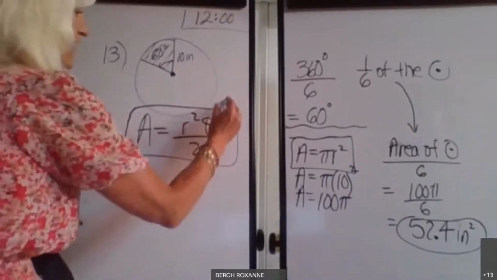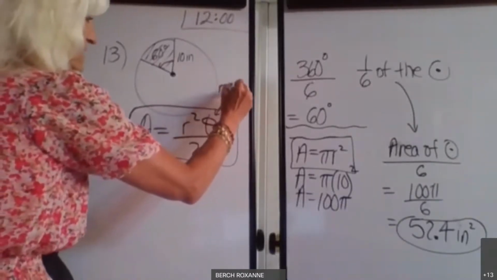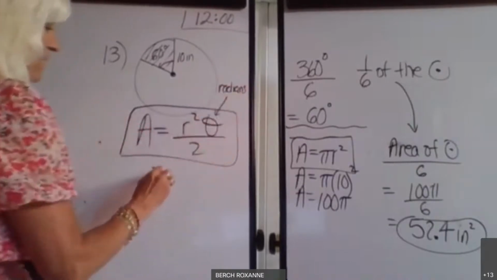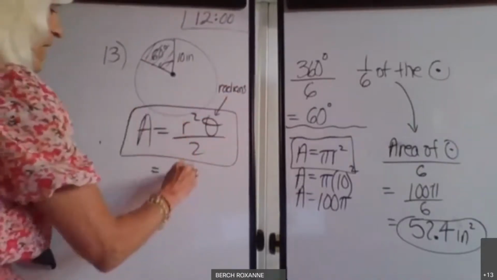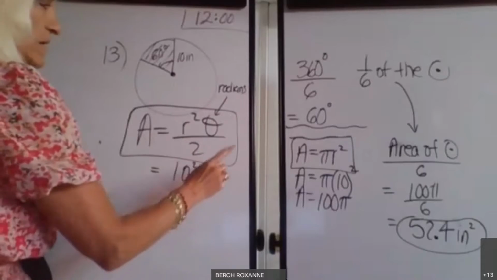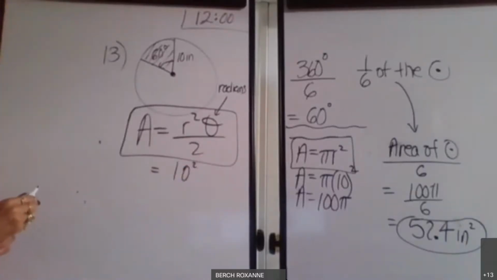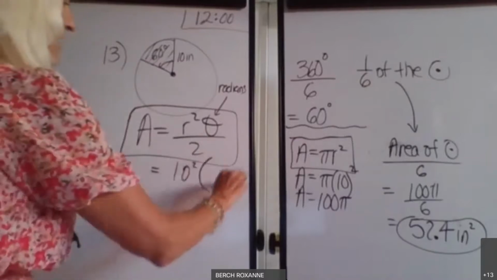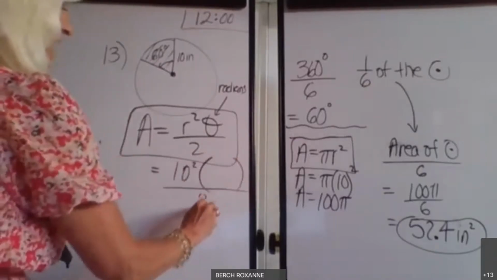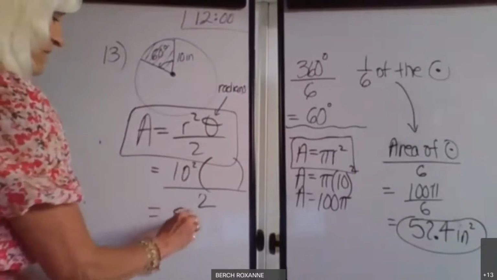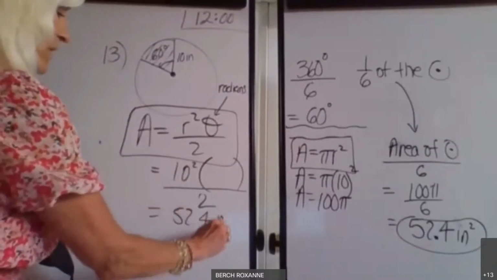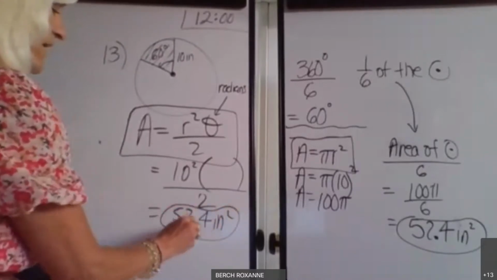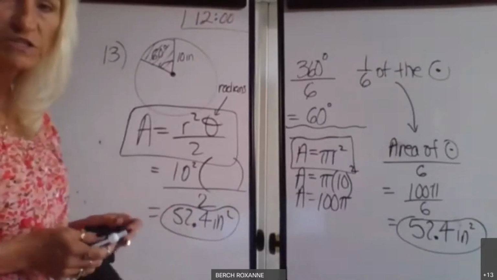The angle has to be in radians. So you take the radius squared, which is 10 squared, times the angle in radians, so you'd have to convert, and divide by 2, and you get 52.4 square inches. Remember, area is square inches.